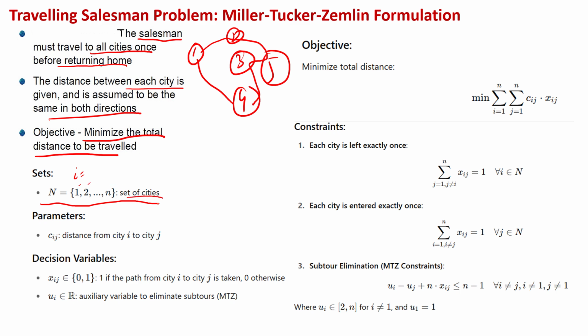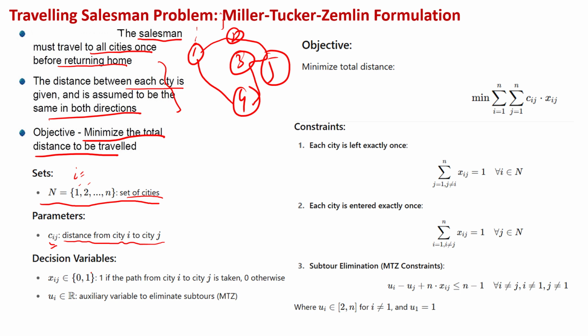So this is a set of cities, and then we have the parameters. We represent the distance from city i to city j as cij, which indicates how much distance it is from city i to city j, for example from city 1 to 2 or 2 to 1. As mentioned earlier, the distance between 1 to 2 and 2 to 1 would be the same.